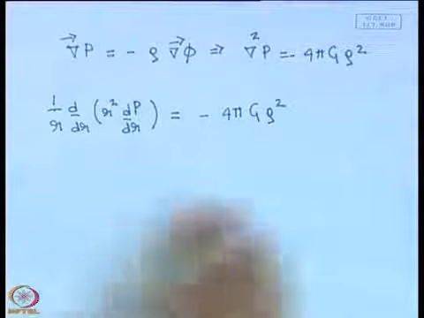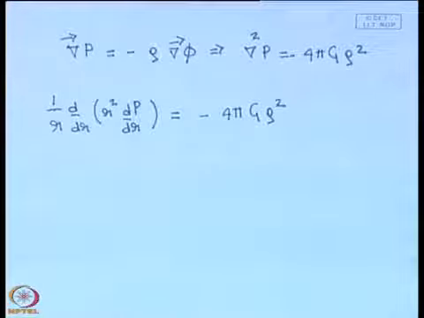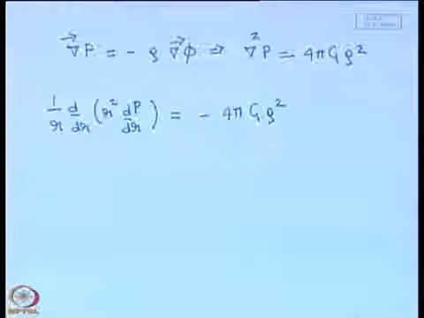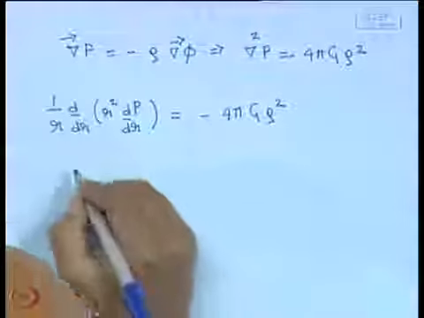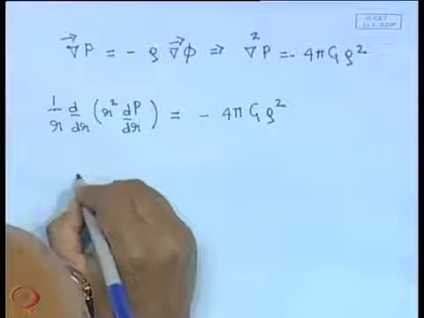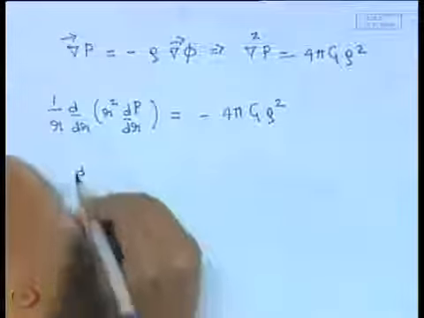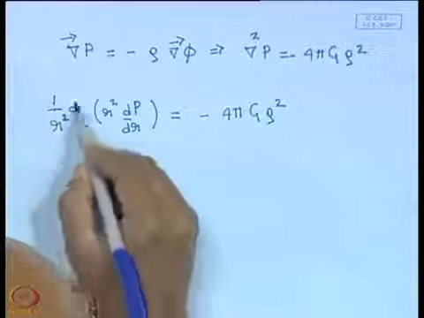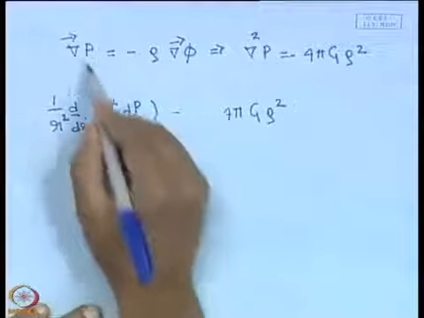So, we have to now solve this equation. We are working in spherical polar coordinates. So, we integrate this equation from the inside towards out. This is 1 by r squared d by dr r squared, the Laplacian operator in spherical polar coordinates.